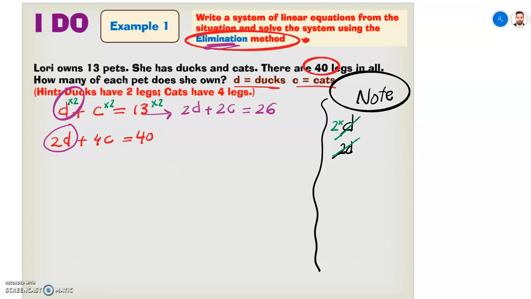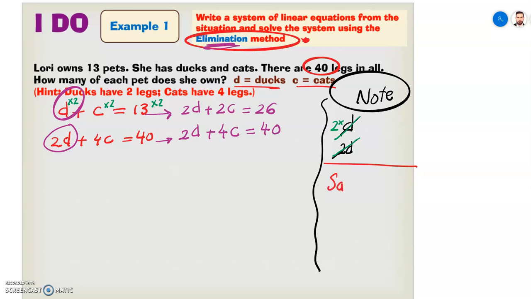Okay, I will rewrite the other equation again: 2D plus 4C equals 40. And then I will do subtraction. I will write the second note here. I wrote it before last week, but I will write it again.